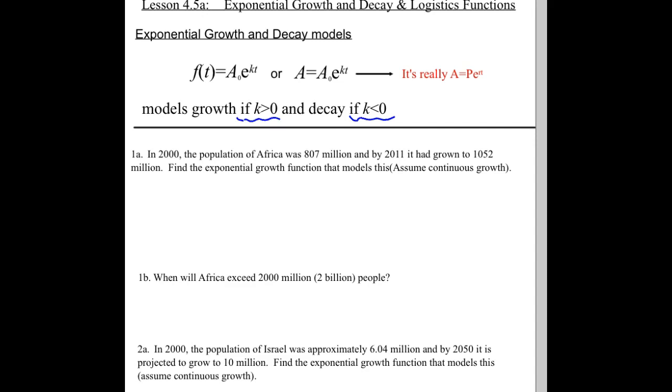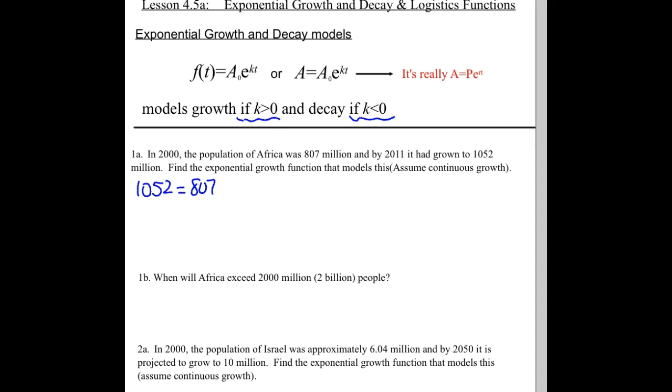Do we know a final amount? What did they give us for the final amount? So final amount equals our initial amount, which was 807. And again, we don't have to put all the zeros since both of those numbers are in millions.